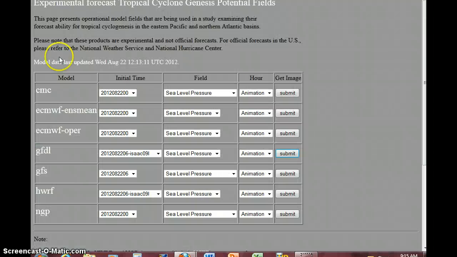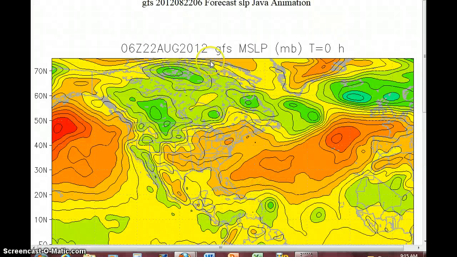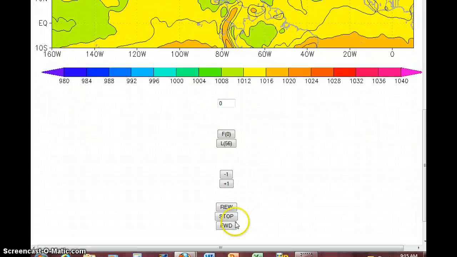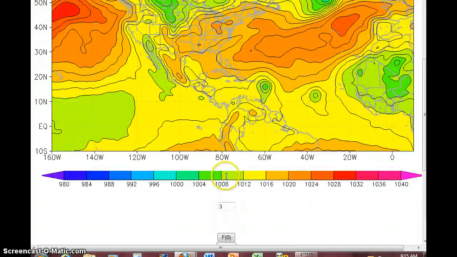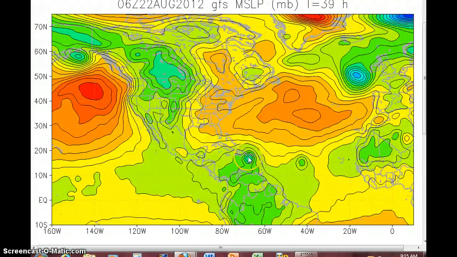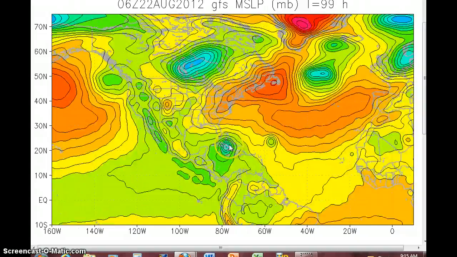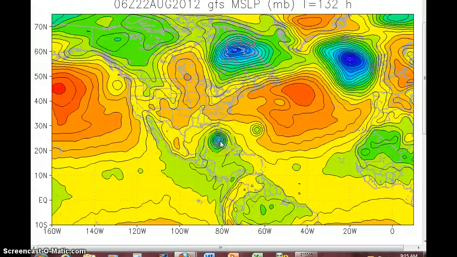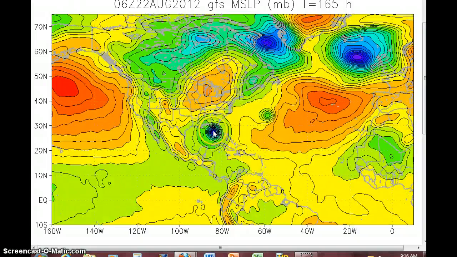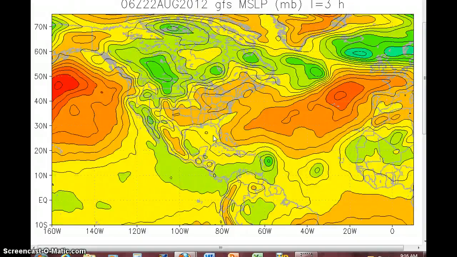At this time, the model to me that's been most consistent, although it's going back and forth maybe 50 to 100 miles, is the GFS. GFS right here keeping Isaac weak a little bit, and then into the Gulf of Mexico, up the west coast of Florida. We'll wait and see.